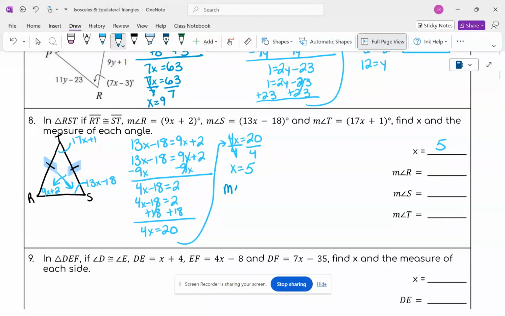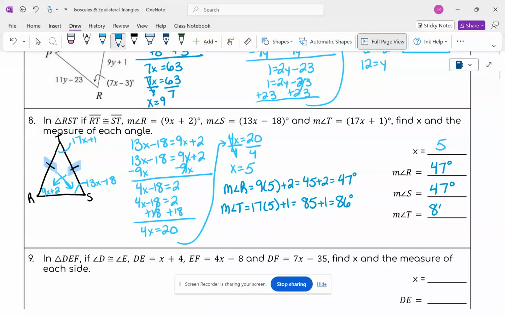So then to find the measure of angle R, we're going to plug in 9 times 5 plus 2. 9 times 5 is 45, plus 2 is 47. Angle R is congruent to angle S, so I can just put 47 right there. And then to find angle T, I can do 17 times 5 plus 1. 17 times 5 is 85, plus 1 is 86.